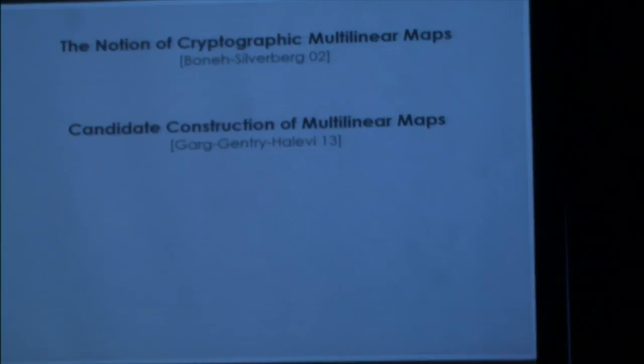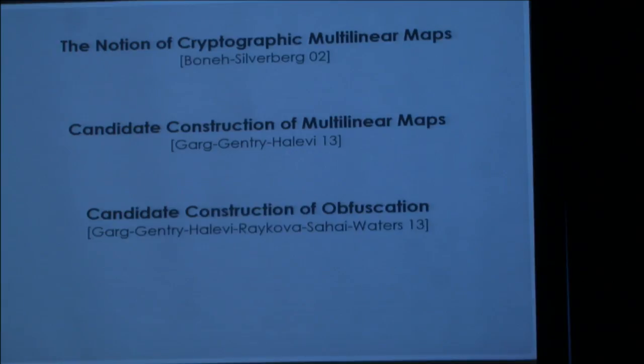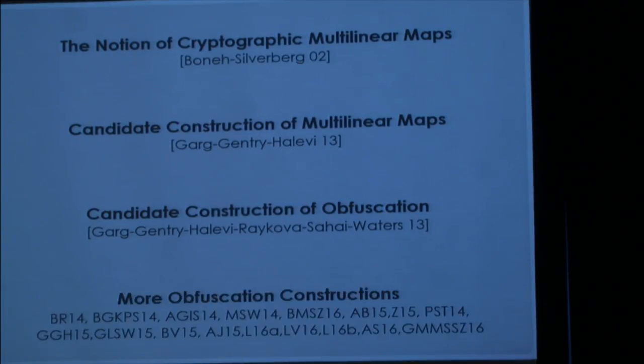In 2013, Garg, Gentry, and Halevi suggested a plausible lattice-based construction that gives us a very good approximation of these multilinear maps. Shortly after, Garg et al. gave a candidate construction of general-purpose obfuscation that is based on these multilinear maps. And since then, many other constructions were suggested, and all of these constructions are based in one way or another on multilinear maps.